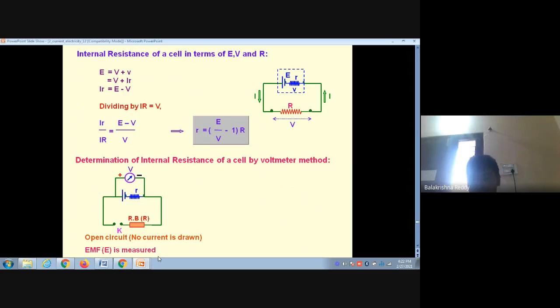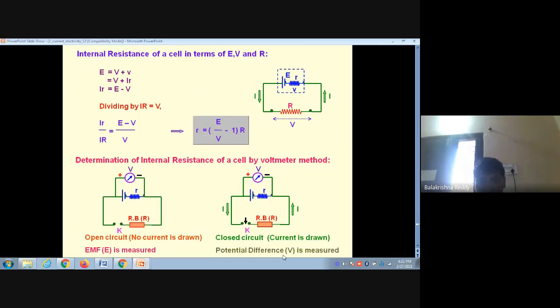When you switch on, obviously external current will flow. How much it has consumed, we will get to know: across the battery how much voltage, and in the external circuit how much voltage. From that we can measure the voltage, and we can determine the internal resistance of the cell also here.